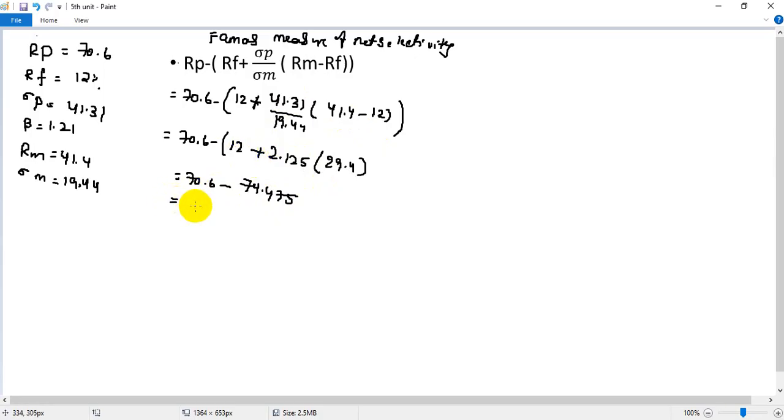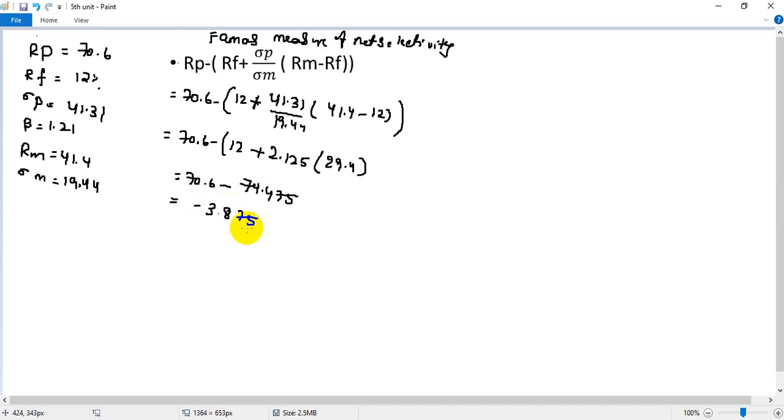At last, if you do minus 70.6, you will get minus 3.875. So now we are going to observe the breakup of the observed return in terms of its components.